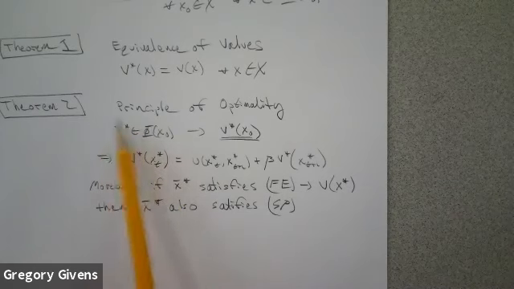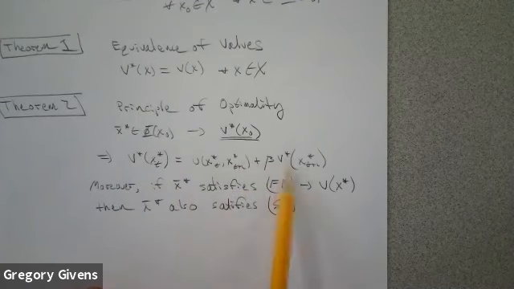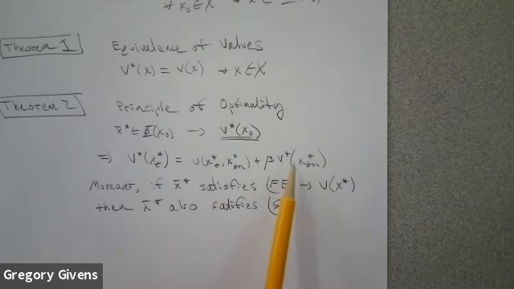Say you found this X bar star that maximizes the sequence problem and obtains V star, the value function of the sequence problem. That value function can be broken up into two components because of this principle of optimality: the optimal value of the current return, U of X star T plus 1, plus the discounted optimal continuation return, that is V star X star T plus 1.